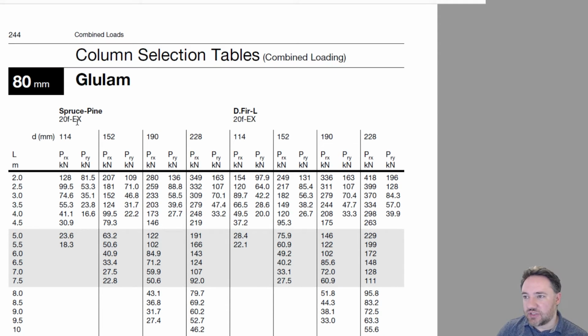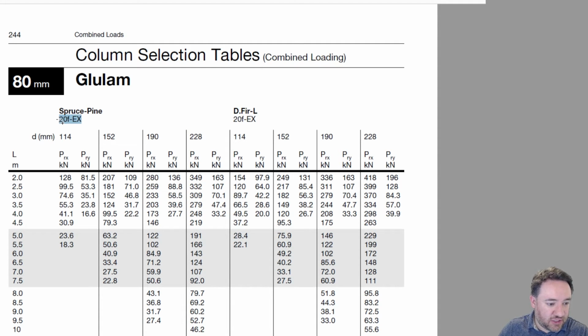So in this chapter of the wood design manual, I can find a table that gives me compression parallel strengths for 20 FEX glulam, which is typically a beam grade.